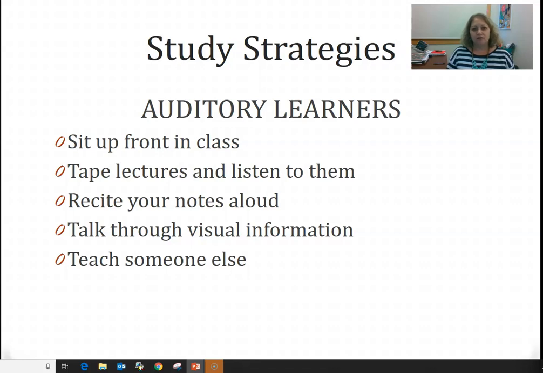Reciting your notes aloud, so reading your notes to yourself so that you, again, can process the information you're taking in. Talking through visual information. Instead of, in your textbook, what I used to do is, sweet, there's a chart, I'm skipping it. Nope, you spend time looking at that information and talking through it, okay? And then teaching someone else, like we talked about earlier with my student and his pups.